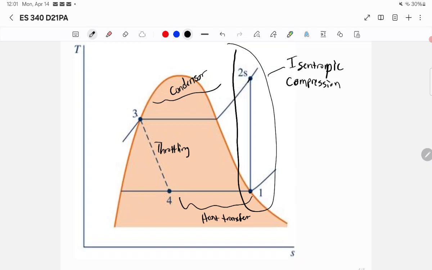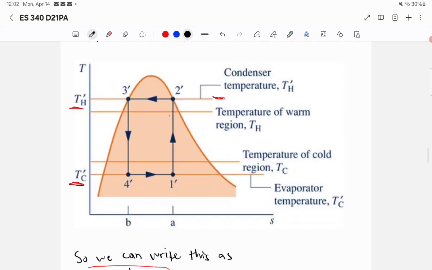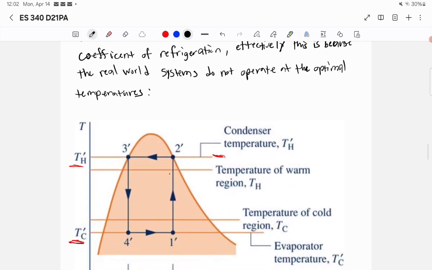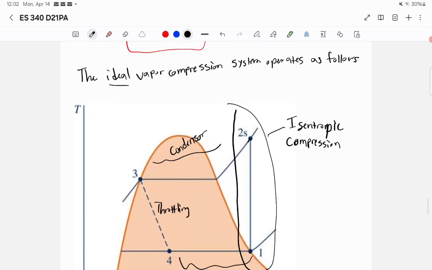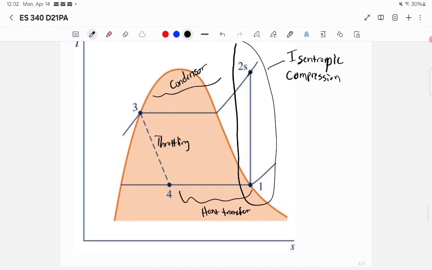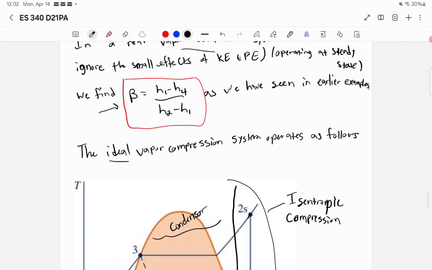Okay, so notice, again, we can map out all of the states, as I mentioned. Where 1 is, 2 is, 3 is, and 4 is. Okay, but this still is the ideal case, right? So before we said, well, we can't really make the Carnot cycle operate. So how would we make something that operates similar but doesn't have some of the engineering issues that the Carnot cycle does? And so we can come down here, and this is the ideal vapor compression system.